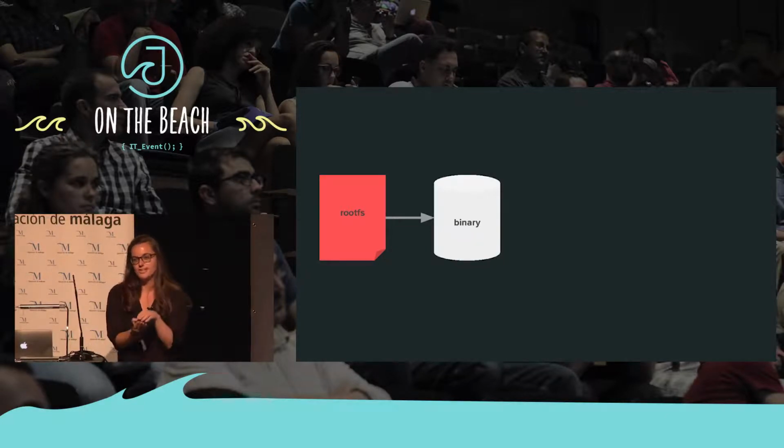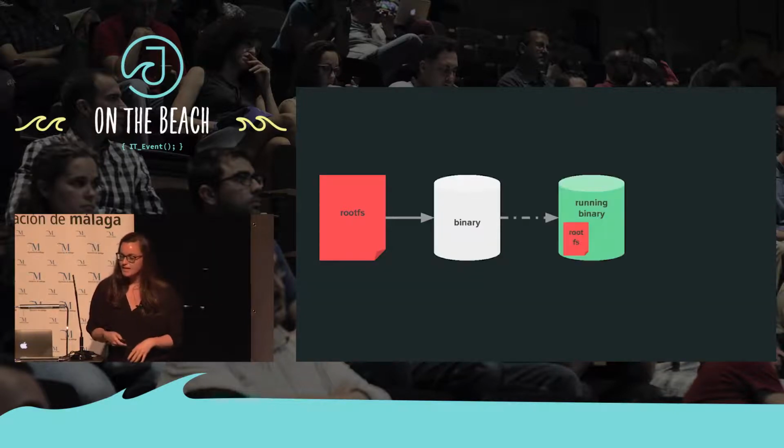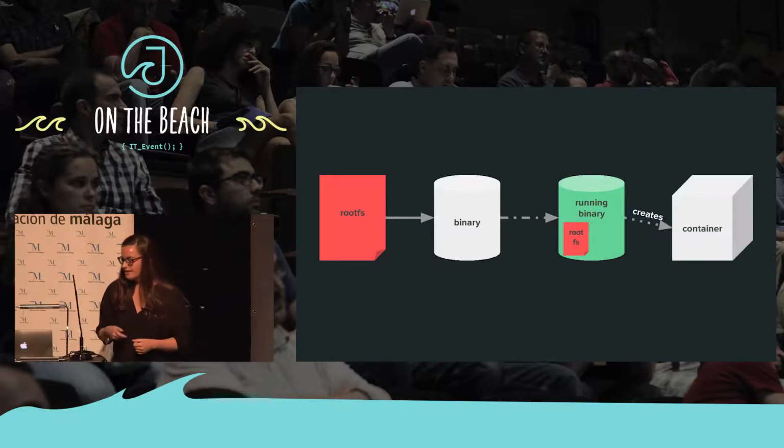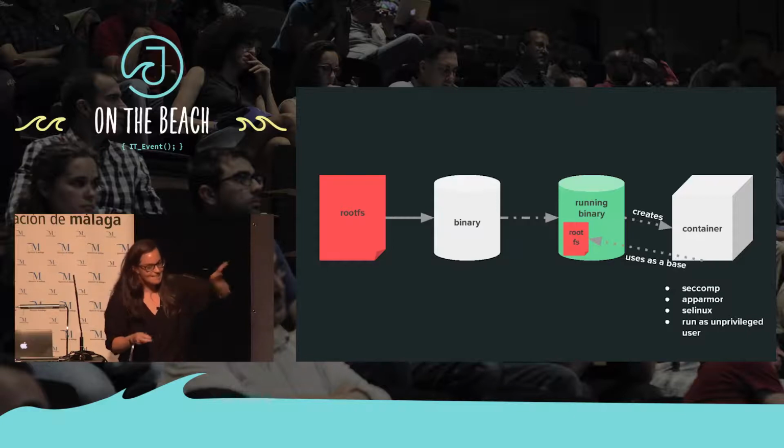So I tarred it up, compressed it, then base64 encoded it, then threw it literally into the binary itself. So when you run it, it has that rootfs in it, and it creates this container and uses the rootfs as the base of the container. And this is all just the binary. You don't need the daemon, you don't need anything. And then it will set up Seccomp, AppArmor, SELinux, and run as an unprivileged user.